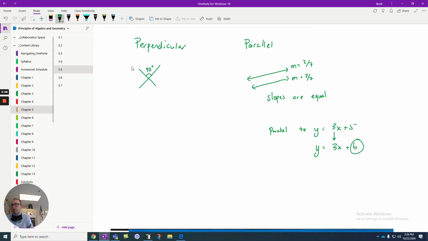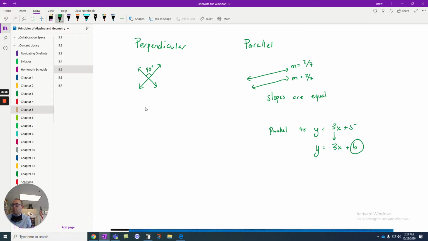Well, the slopes of these two lines clearly cannot be equal to each other. In fact, we can tell that one of them is positive when the other is negative. So there must be some difference in the slopes.